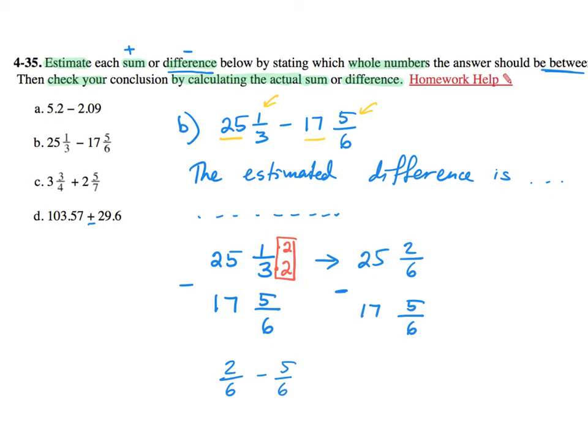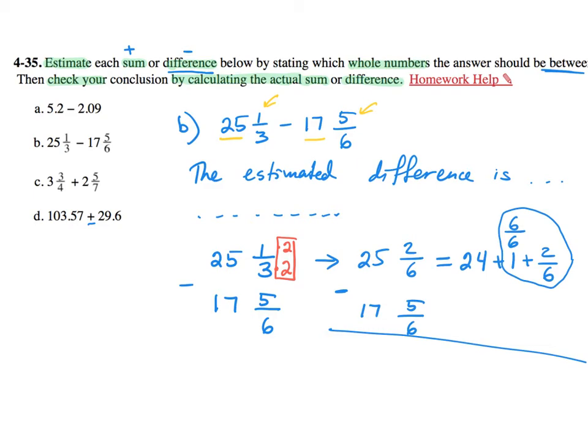I'm going to give 1 whole, so I'm going to change that to 24 plus 1 whole plus 2 over 6, and that 1 whole I will change to a 6 over 6. So altogether this will join as 8 over 6. I would have enough to subtract.